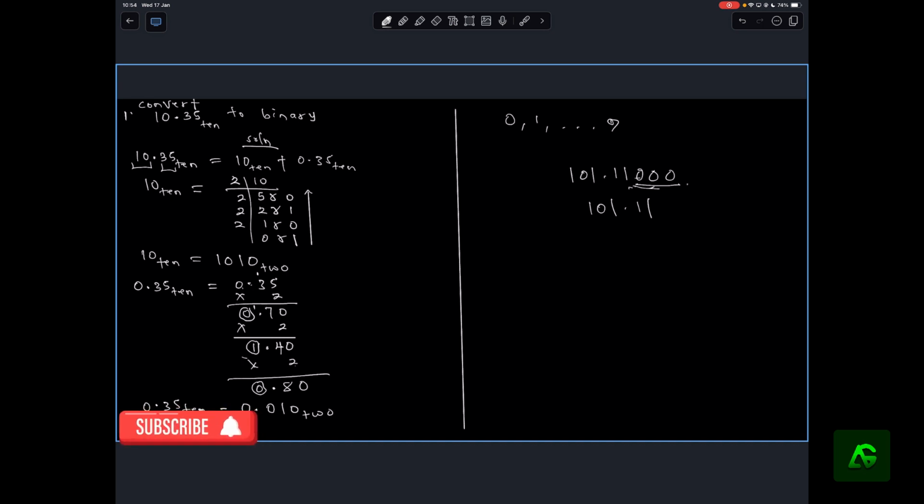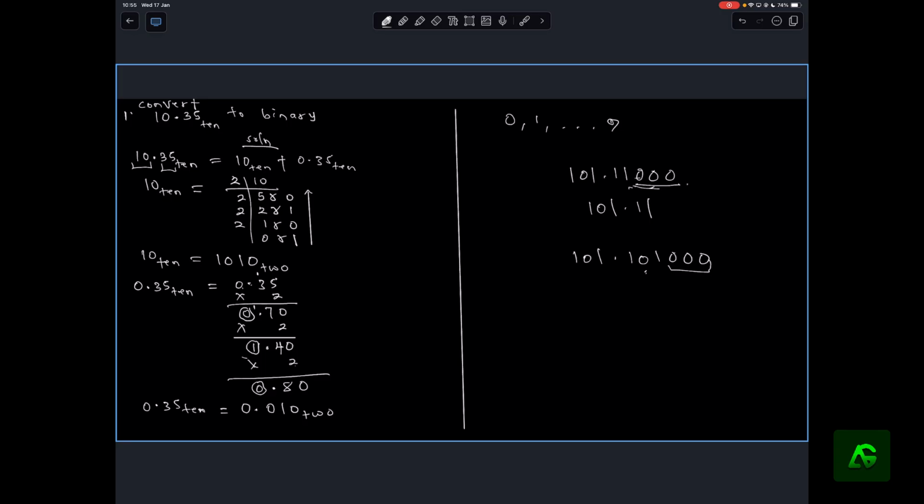But in a case like this, 101.101000, now, the question is, which zeros are we going to neglect here? Will this one be part of the zeros we'll be neglecting? This one is not part. It's only this one that is not found midway between numbers.